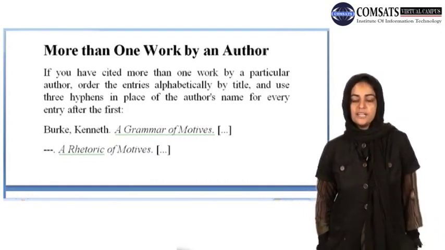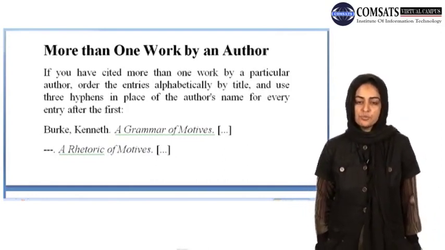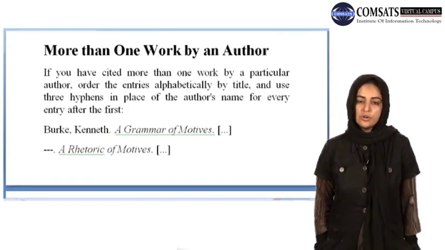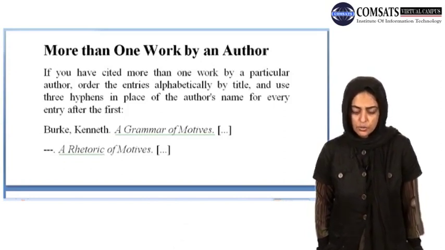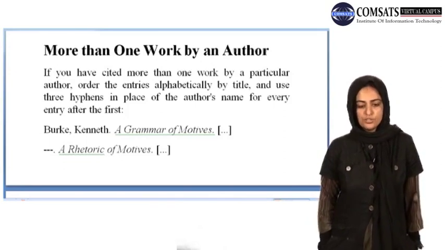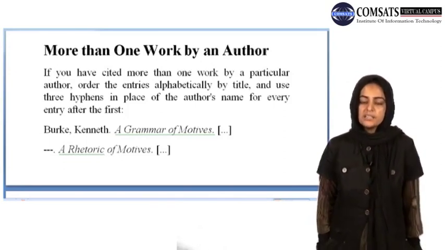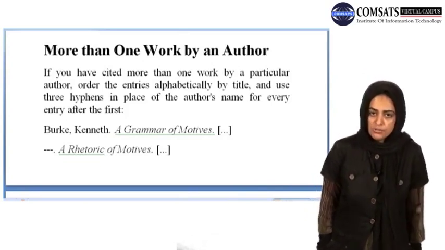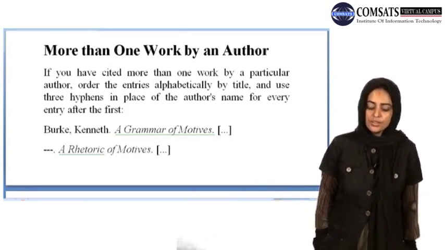Dear students, when you are creating the detailed reference, the works cited page, or the reference for some author, or when you are quoting more than one work by a single author, are you supposed to repeat the name of the author again and again for each of his works which you are quoting over there?